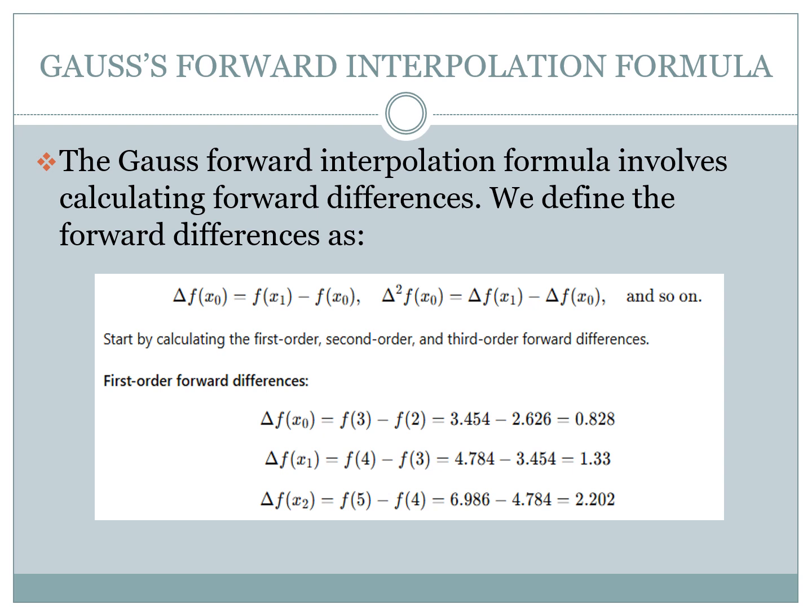That is the difference between f of 4 and f of 5. The value of f of 5 is 6.986 and the value of f of 4 is 4.784. The difference between 6.986 and 4.784 is 2.202.